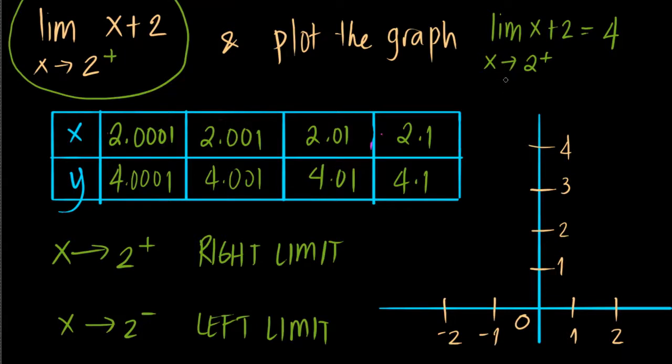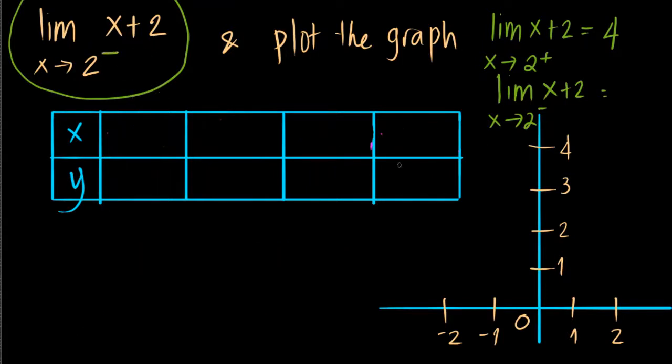Now, what if the limit of x plus 2 as x approaches 2 from the negative side? What is the answer? Let's try. So possibly you will remember 1.9999, 1.999, 1.99, and 1.9.